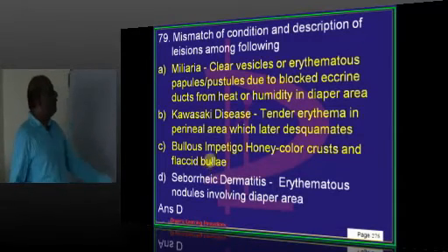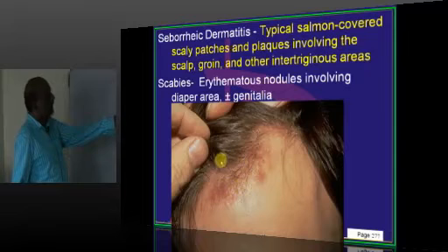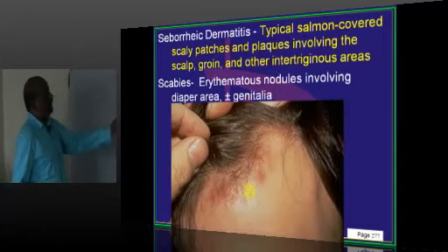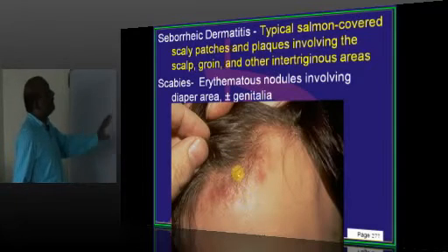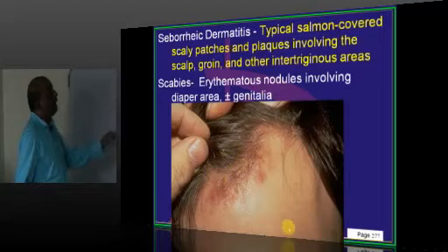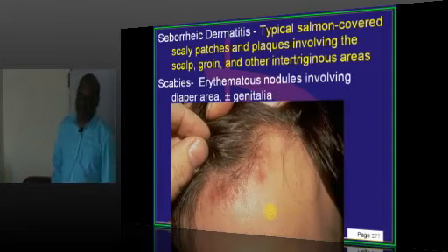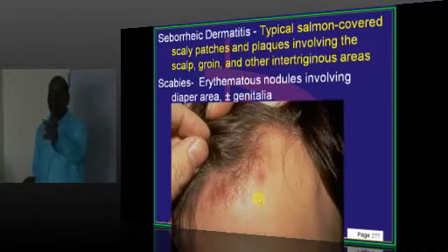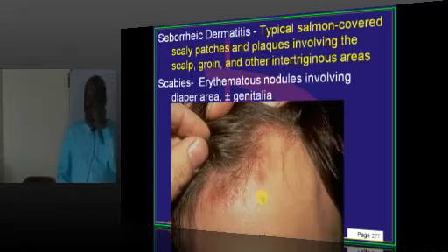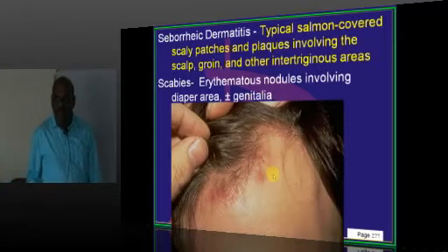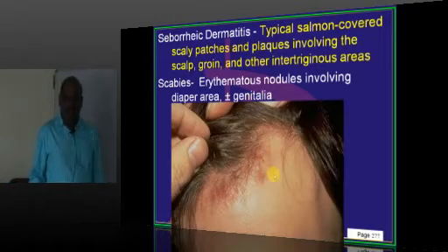How do you like to describe seborrheic dermatitis lesions? Typical salmon colored, scaly patches and flakes involving the scalp, groin and intertriginous areas. What are the two subsets of population who have a high tendency for seborrheic dermatitis? Any answer?